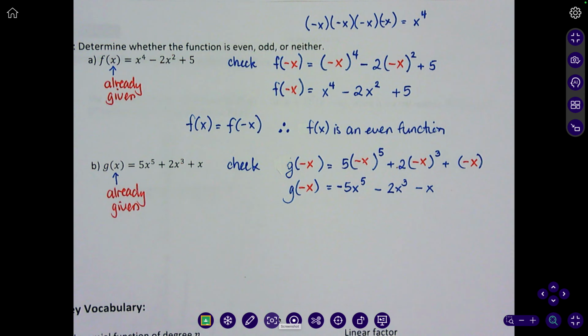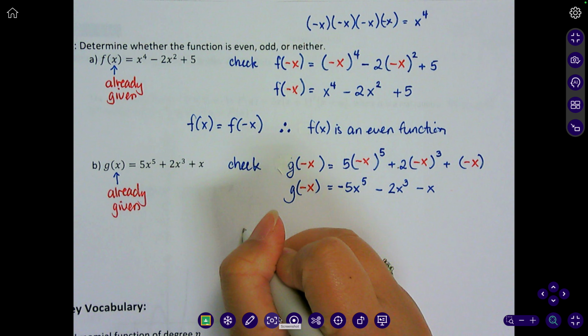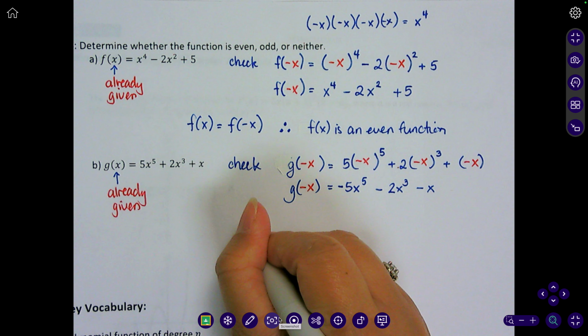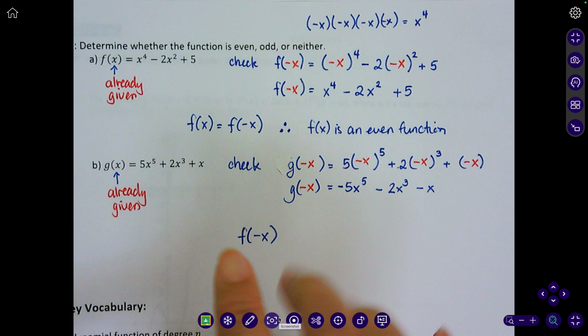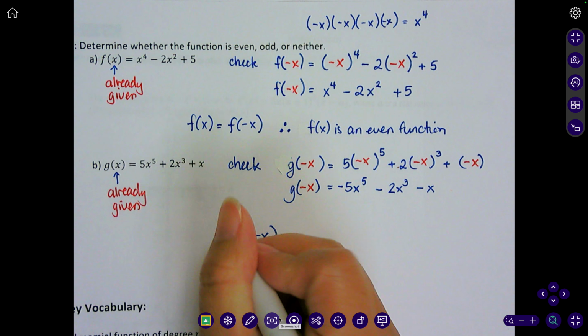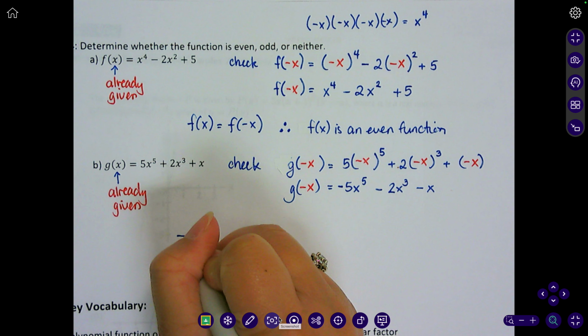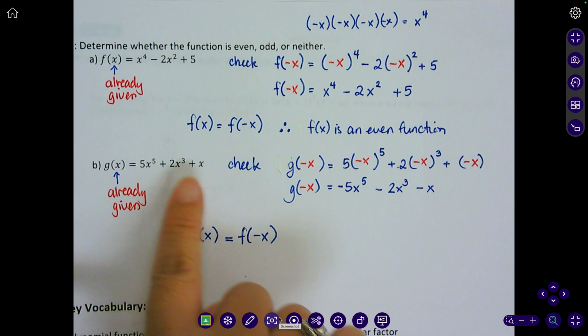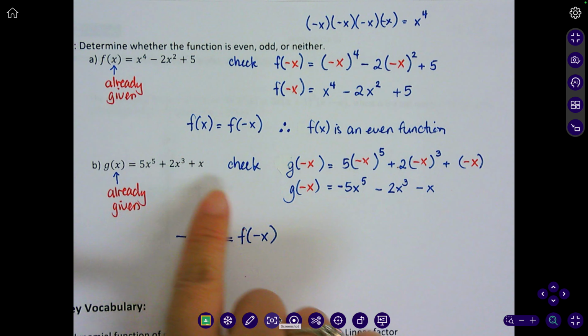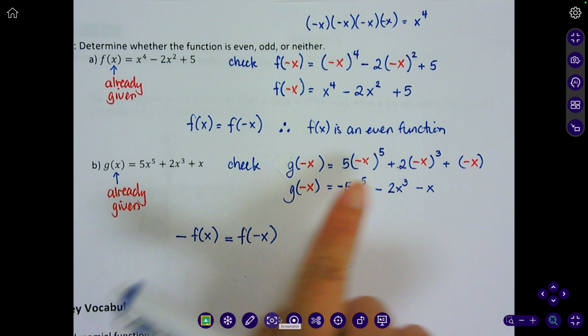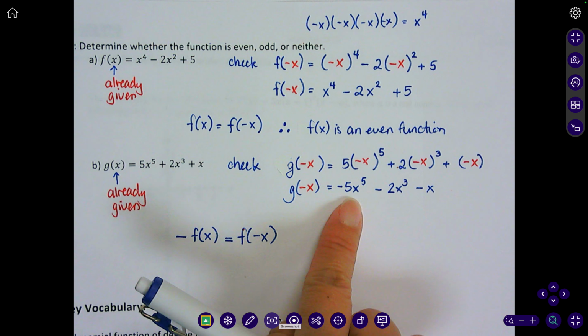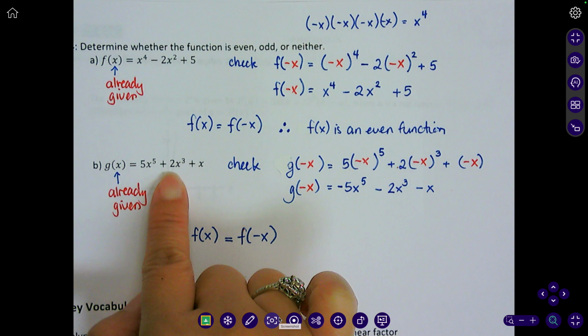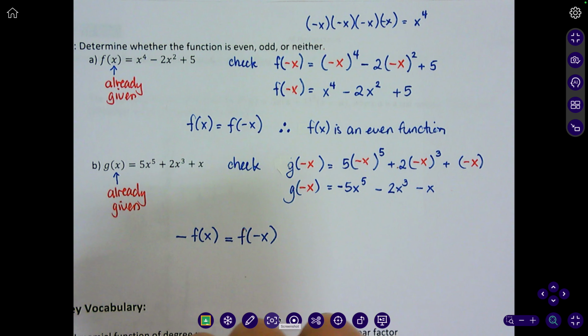The odd function is when this is your y value when x is negative, is equal to the negative y value of x. So your y values have to negate each other. They have to be negative of each other. So if this term is positive, the other term has to be negative.